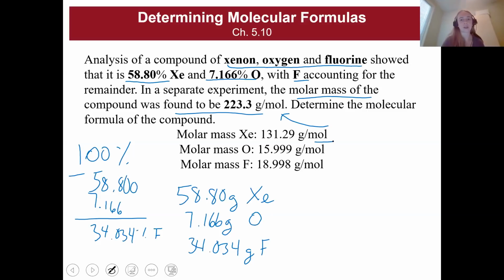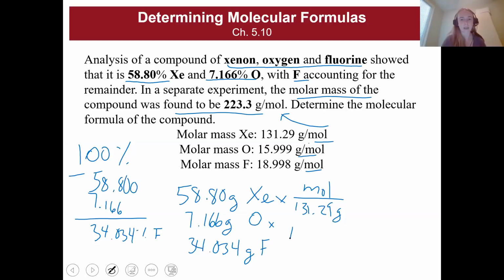We need to find the number of moles of each of these elements, so we divide by the molar masses of these elements. For xenon, we're going to divide by 131.29 grams, with moles on top.